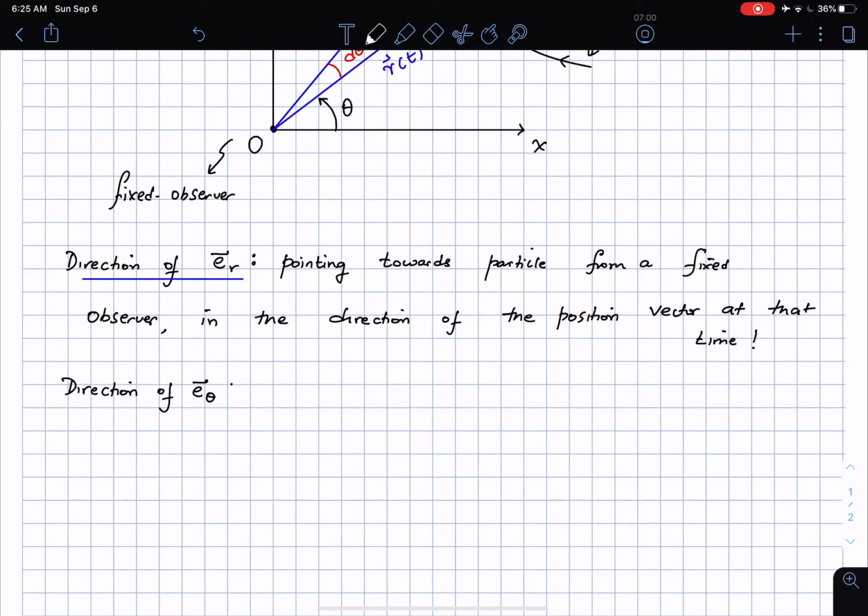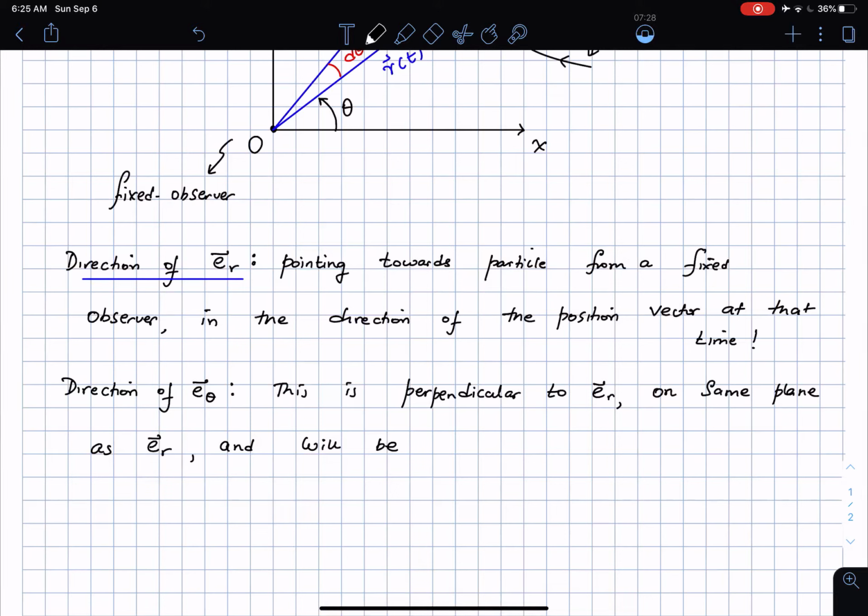This is perpendicular to E_r, on the same plane as E_r, and will be pointing in the direction of increasing angle. Okay, so this is the direction of E theta.